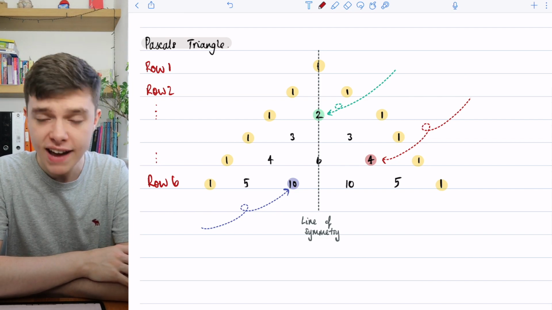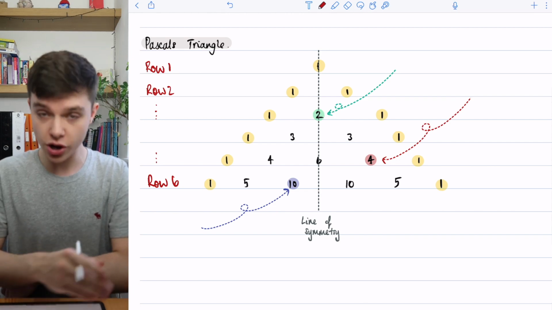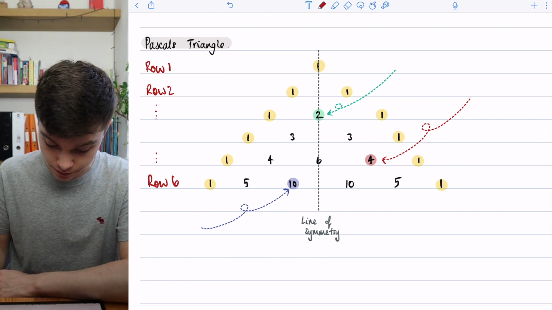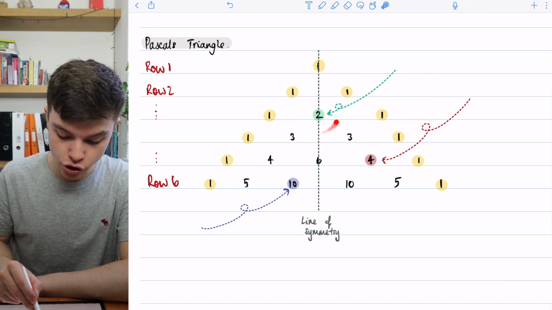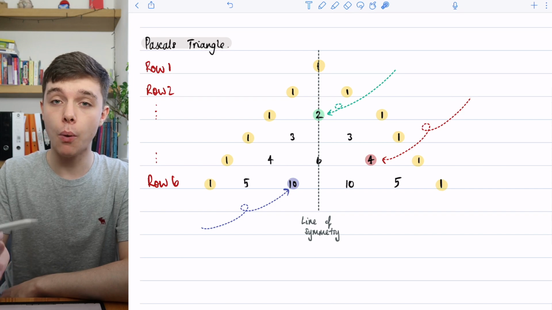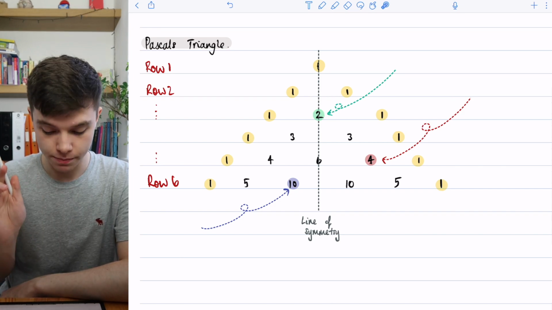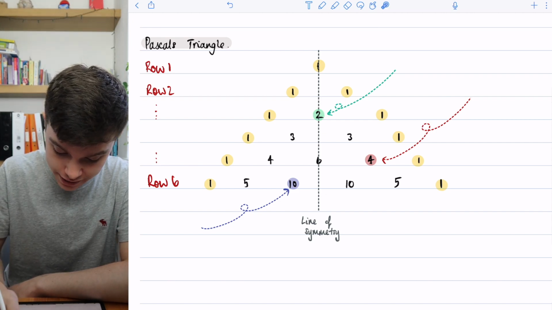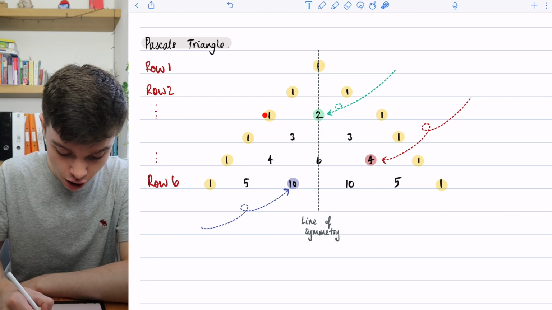If we consider it like that, we can use combinations to help us work out the entries in the triangle. I'm going to work out 3 entries, and we'll start off with this 2 here. To work out that entry, we're first going to work out what row it's on and what entry it is along the row. So let's have a look. We are starting with row 1. It's not on row 1, it is actually on row 3.